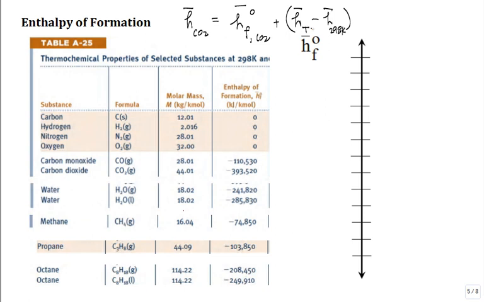So it's like a constant plus a delta H. That delta H, if you want to calculate the molar enthalpy of CO2 at 298, well, this delta H is 0. If you wanted to calculate at 500 Kelvin or 900 Kelvin, then you have a significant delta H here.